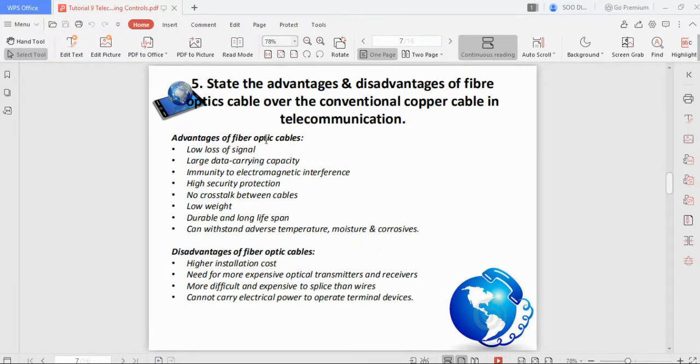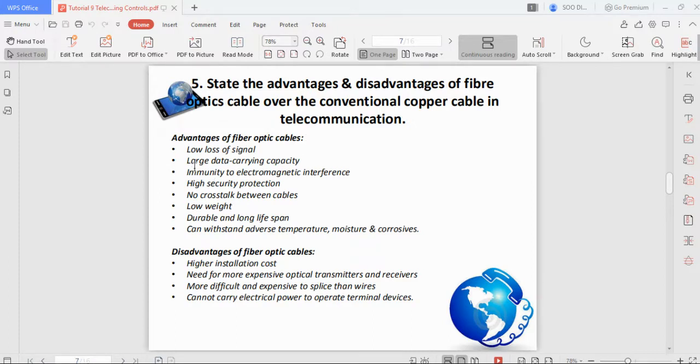So that's why if you use light and travel it through a fiber optic cable, because there's very little resistance in the glass and you're using light to travel through that glass, there will be a very low loss of signal by using fiber optic and using glass as the medium to transfer the signal.